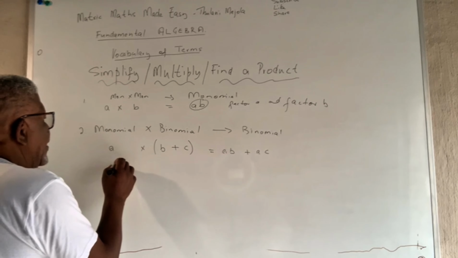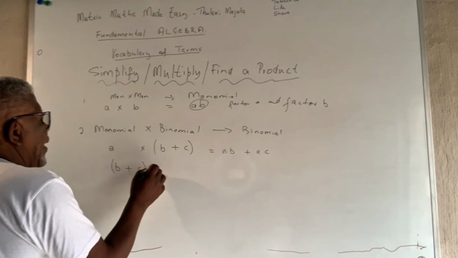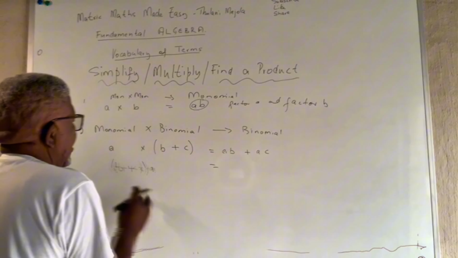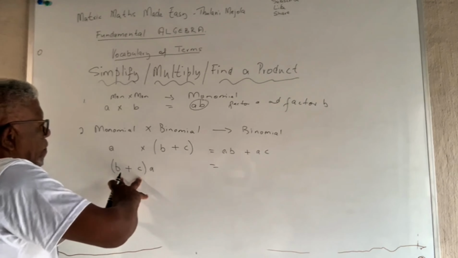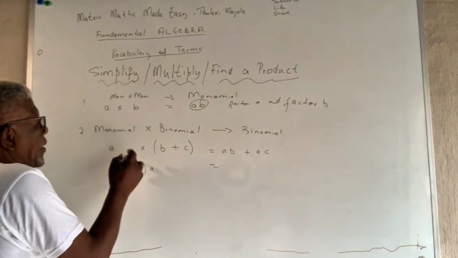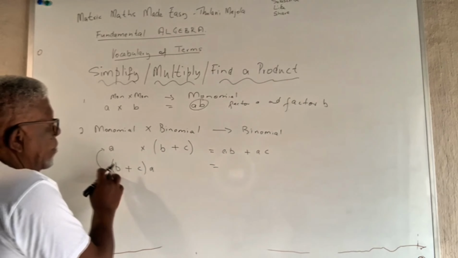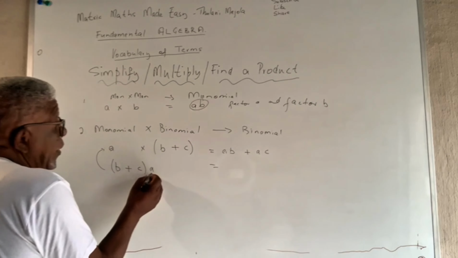Sometimes it's difficult basically to multiply like this. When you start with the binomial and then you multiply by a monomial, it's a problem. So I always prefer that you change it to this way. Take A and start with it first. Anyway, it doesn't matter.